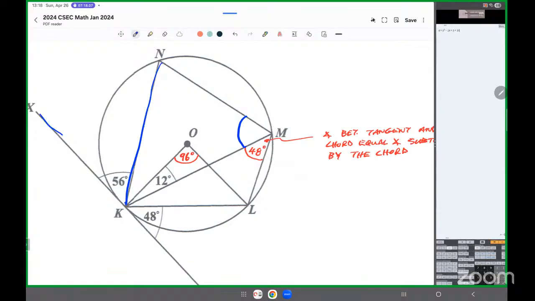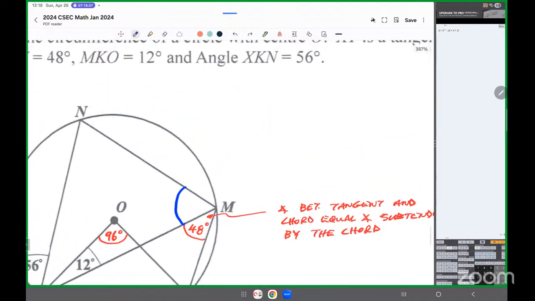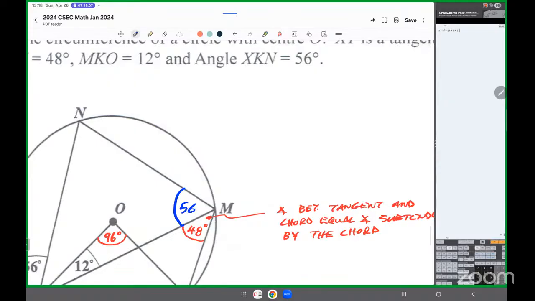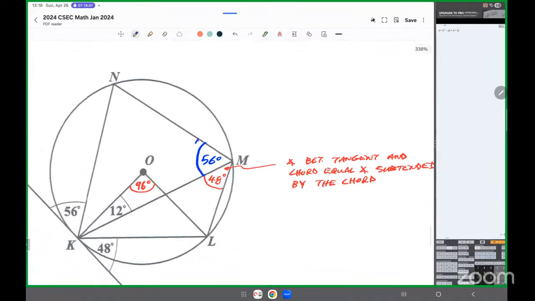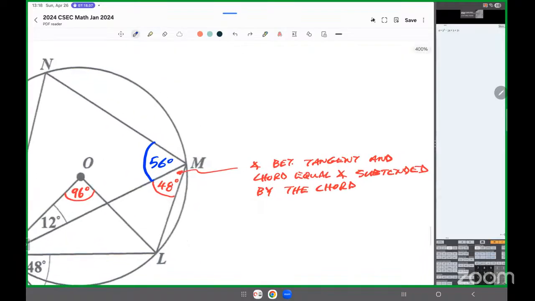It's making an angle of 56 degrees with the tangent. So it means it's subtending the same 56 degrees. So this angle inside here is 56 degrees. And then the total angle across here is 56 plus 48. See that?